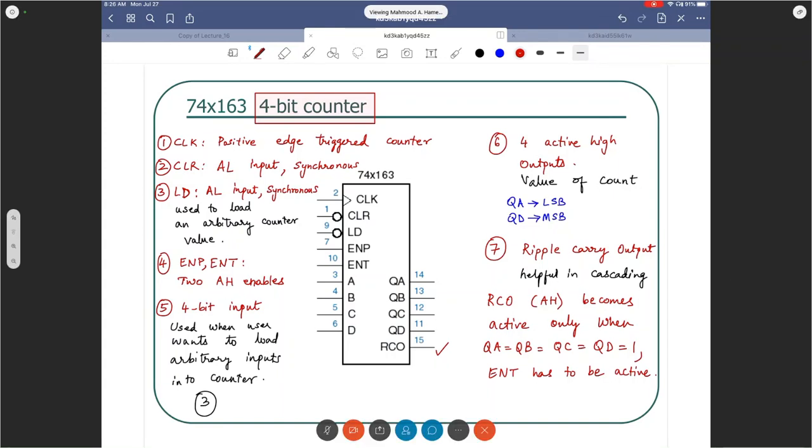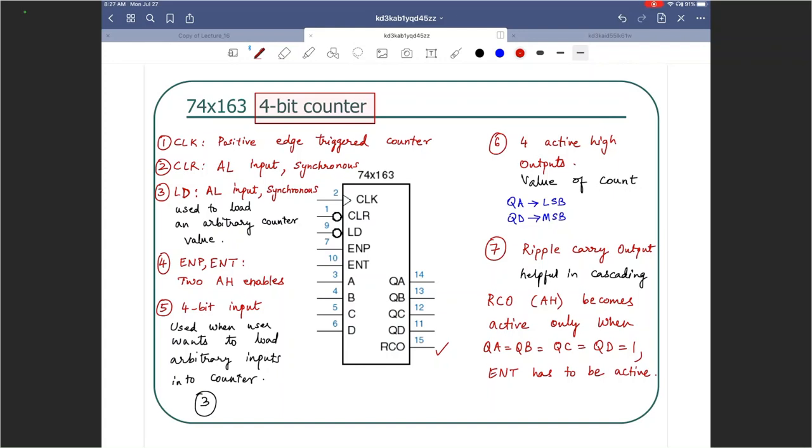No, both enables have to be enabled in order for it to count, right? You don't need to enable it to load things into it, but if you want the counter to move up by 1, you have to make both enables active.